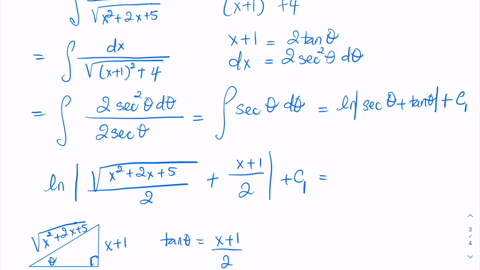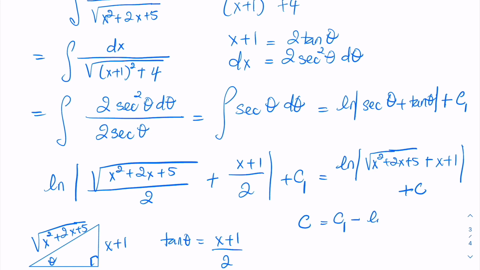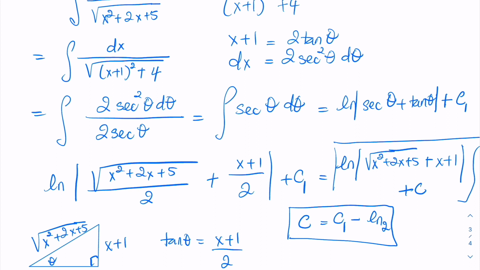So we can turn it into ln of square root of x squared plus 2x plus 5 plus x plus 1 plus c. And this c is going to be c1 minus ln 2. And that's the final answer.